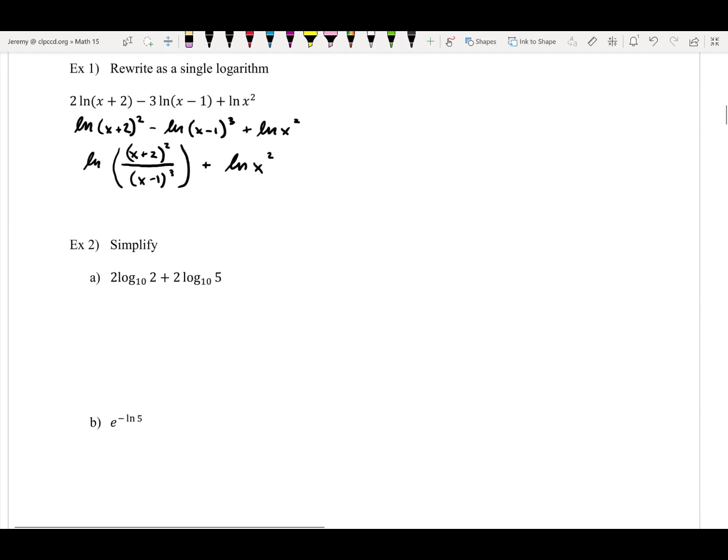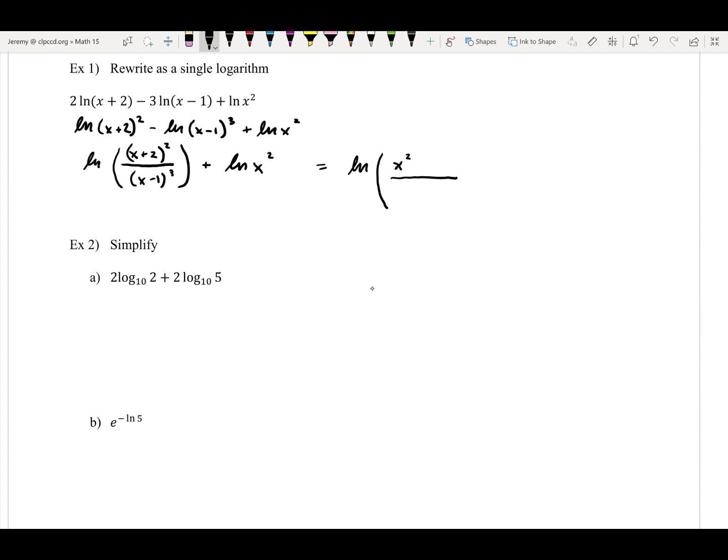The last step is going to be turning this addition of the separate logarithms into multiplication inside of a single logarithm. So final step, I'll write this as the natural log of, make sure there's plenty of room in here, I'm going to multiply by x squared, so that'll land in the numerator, right?